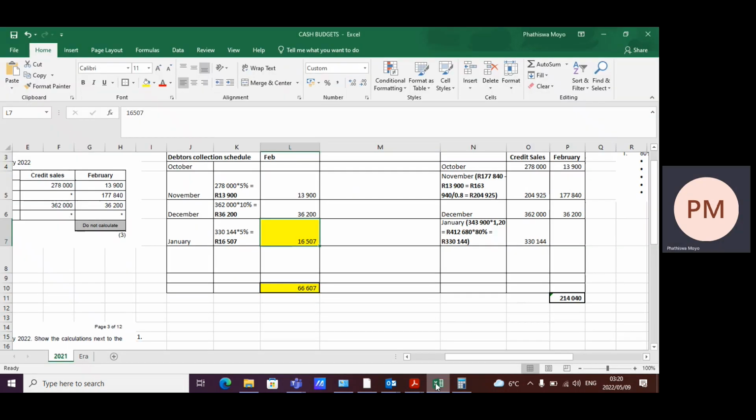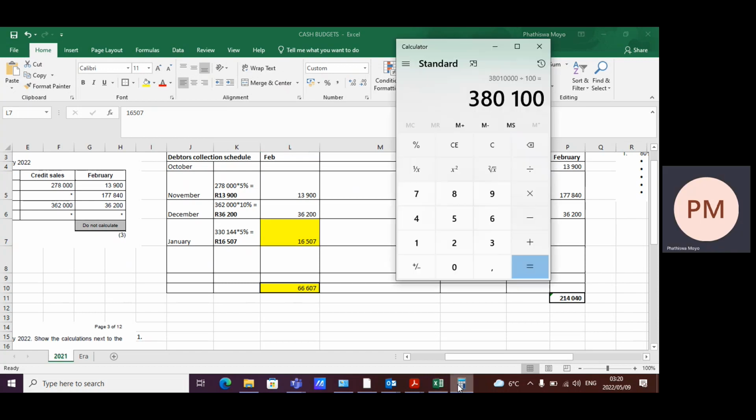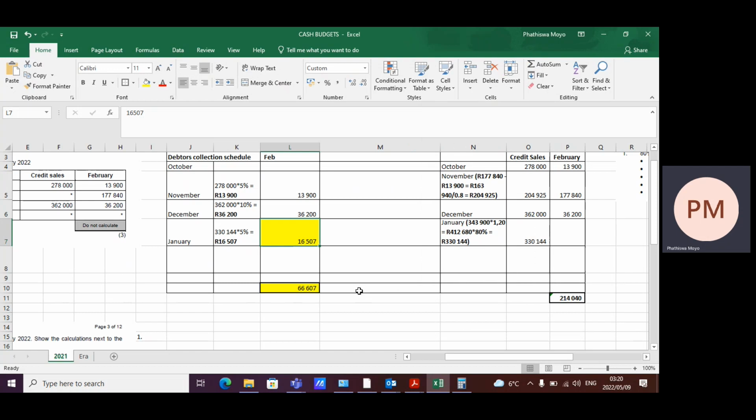It's very interesting. If I'm working out the cost of sales using the new markup, it gives me 380. So just see which one they've chosen in the memo.